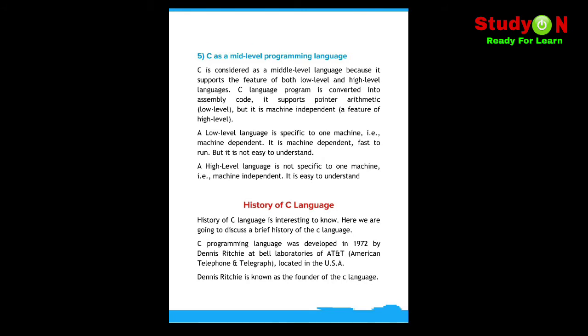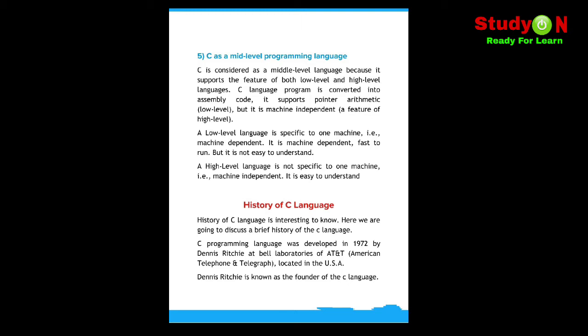Now, C as a mid-level programming language. C is considered as a middle-level language because it supports the features of both low-level and high-level languages. C language program is converted into assembly code. It supports pointer arithmetic, which is low level, but it is machine independent, a feature of high level.